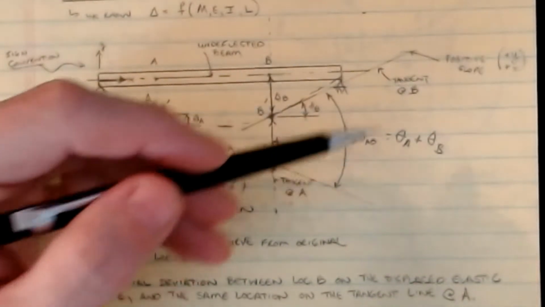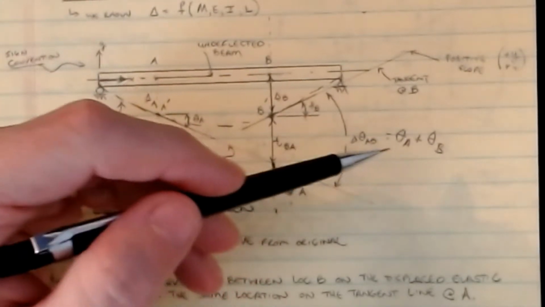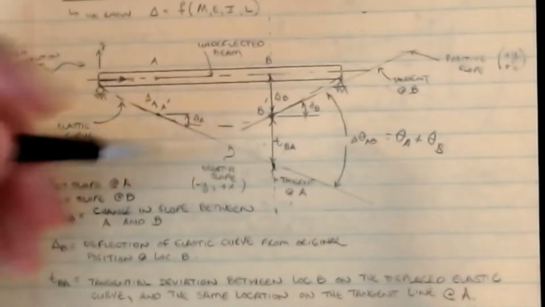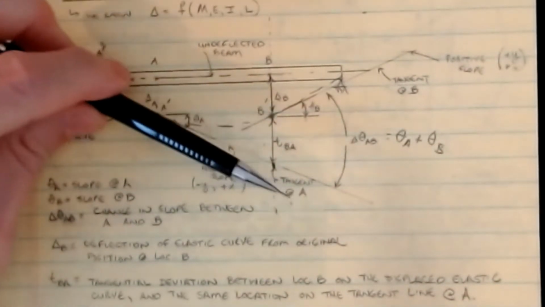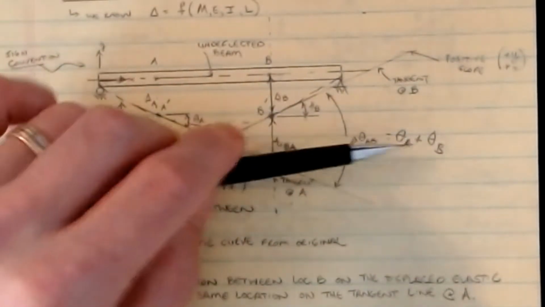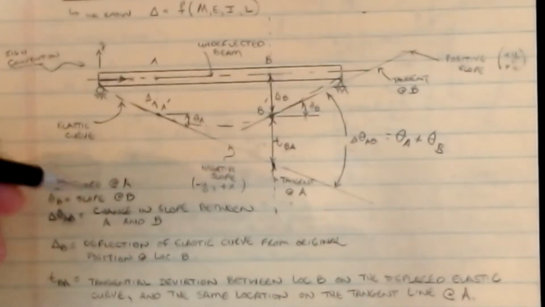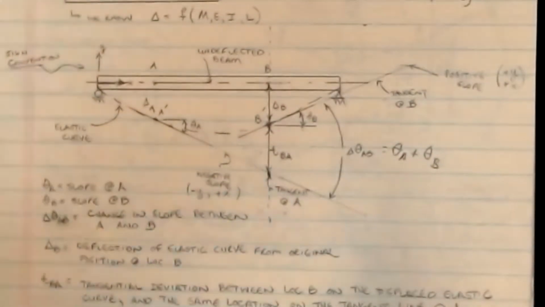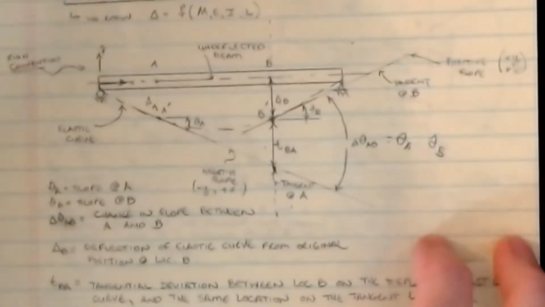This is almost like we're looking at magnitudes of these two values, because if I choose a point here, there's still a negative slope on that, but a lesser negative slope, the tangential deviation still exists, and we've got to be mindful of the signs. So it's really almost like theta A minus theta B. It's probably a better way of writing this if I put the magnitudes of this.